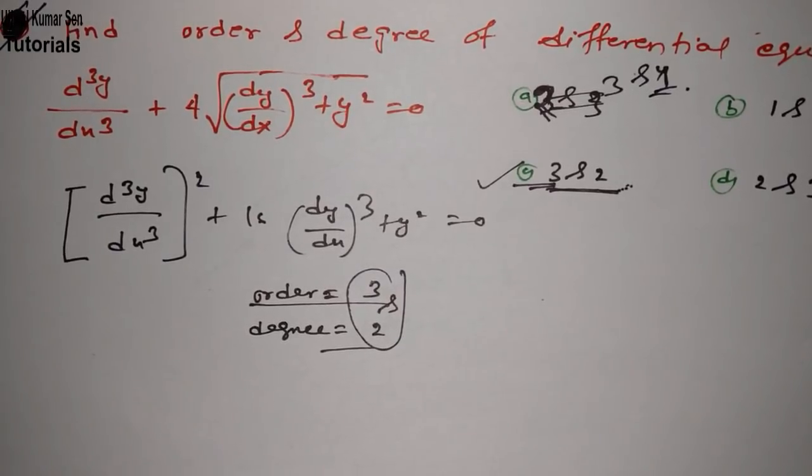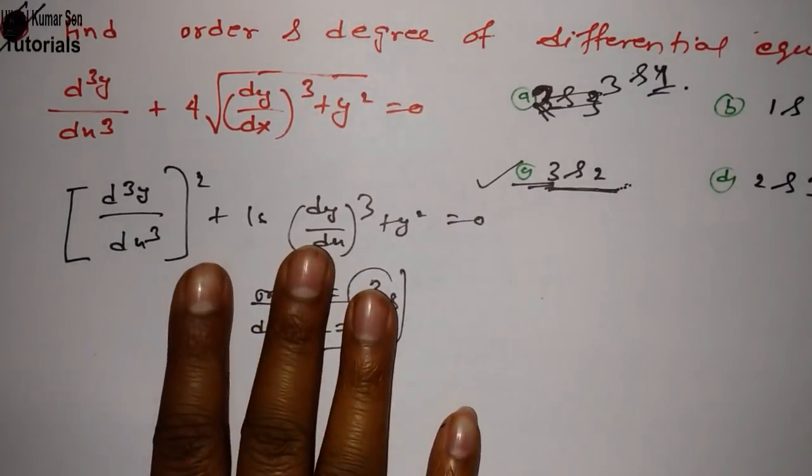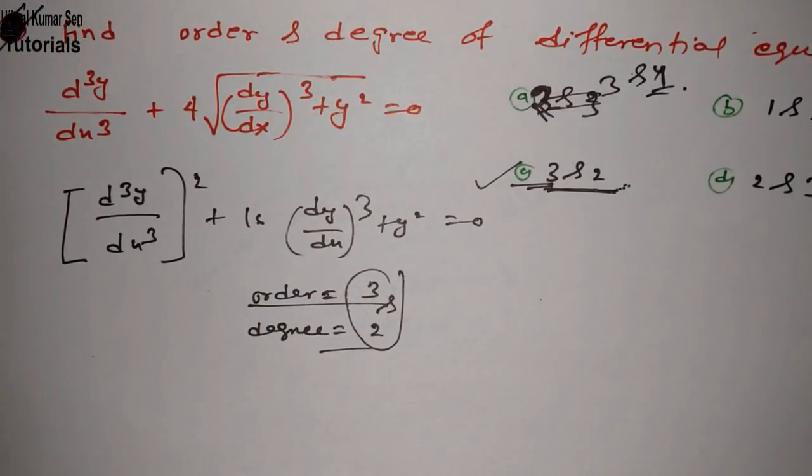So what is the tip, what is the thing you need to learn? First of all, you have to remove all roots from the equation, just like I did here. I squared the whole term, then we got this value.